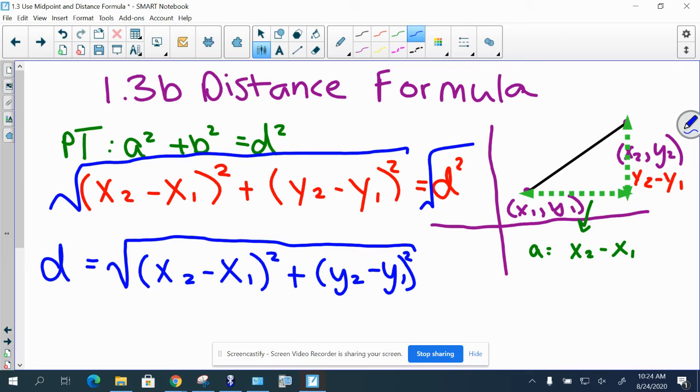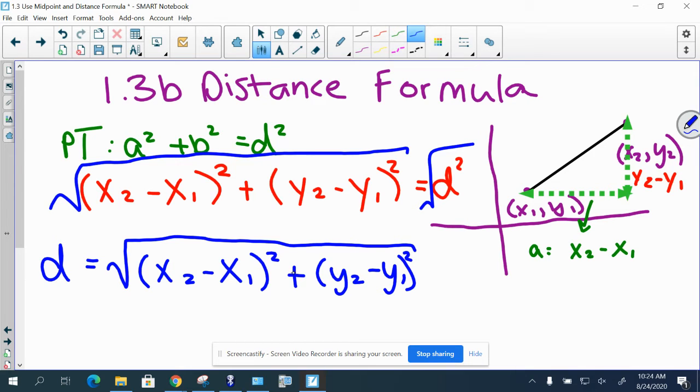A few things to note about this formula is that it does matter which x you put first. So if you put x2 first, you have to put y2 first. If you put x1 first, you have to put y1 first over here. So I take that back. It doesn't matter which one you put first, but you just have to be consistent in both sets of the parentheses.